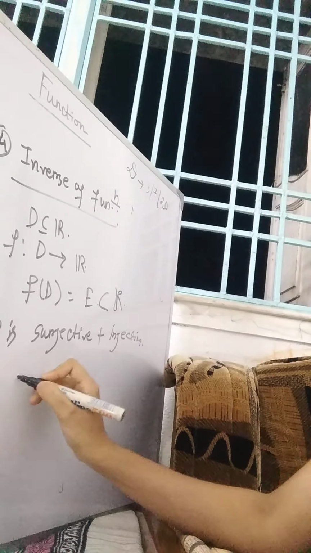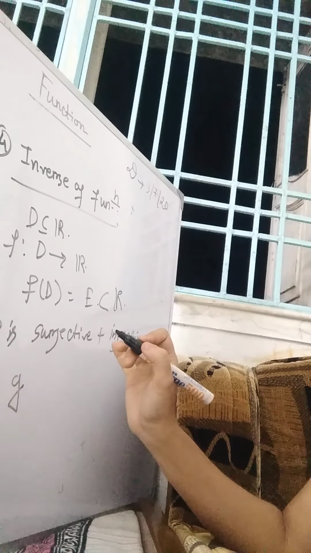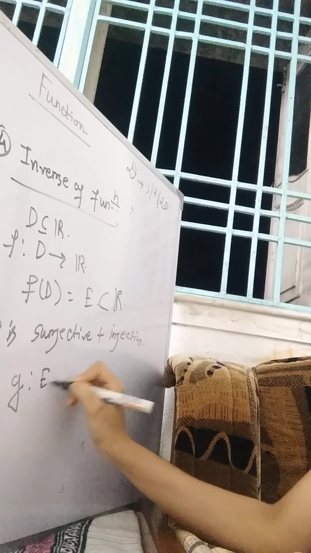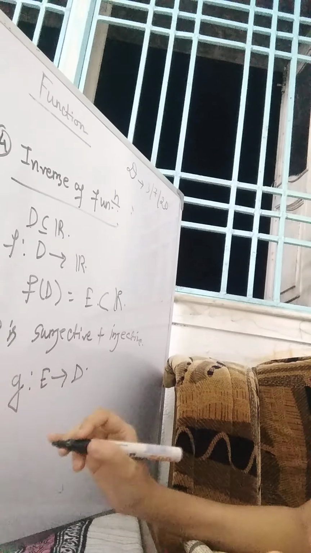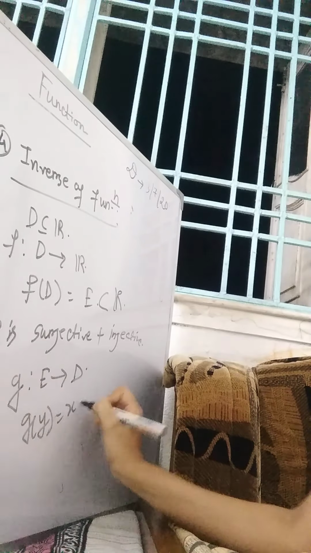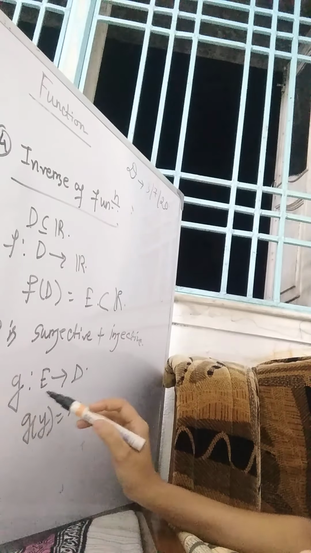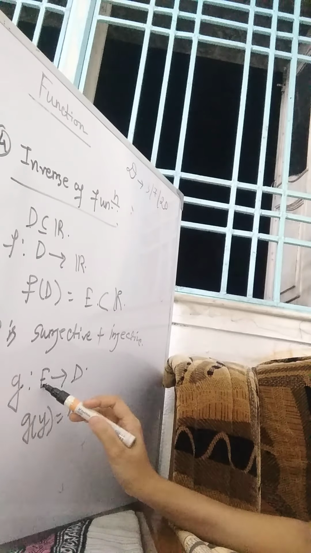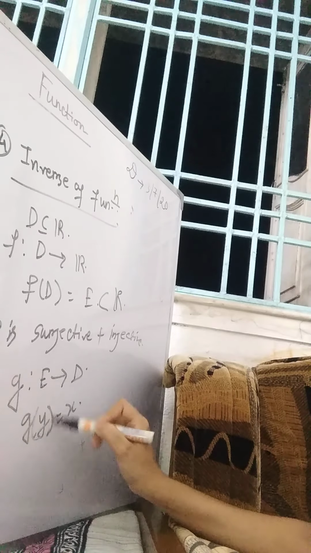If g is another function defined from E to D, such that g of y equals x, a function reversely defined from E to D, then g of y equals x.